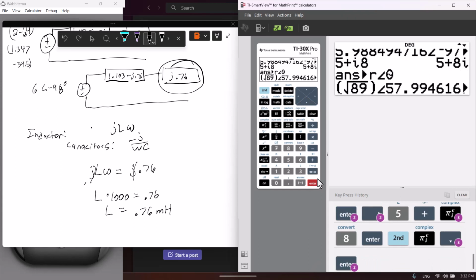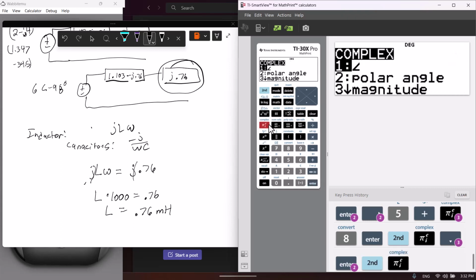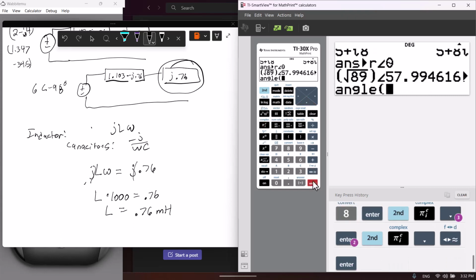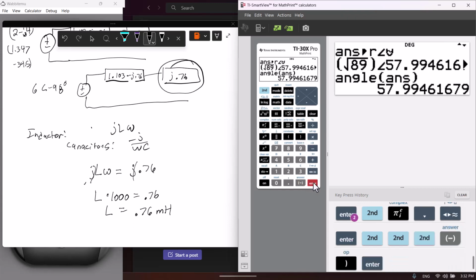I see. Yeah, I didn't know it went down further than the first 3. Yep. And then you can also get, like, polar angle. If I just wanted to get the angle, I could do polar angle, and it would tell me just what the angle part was.